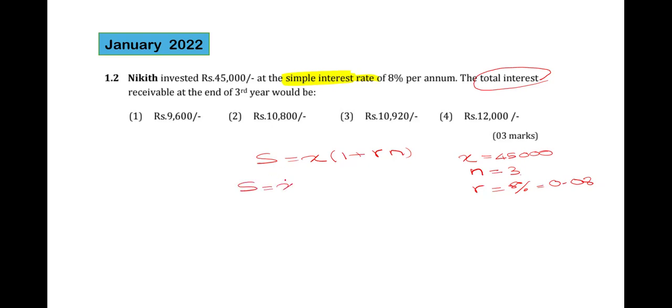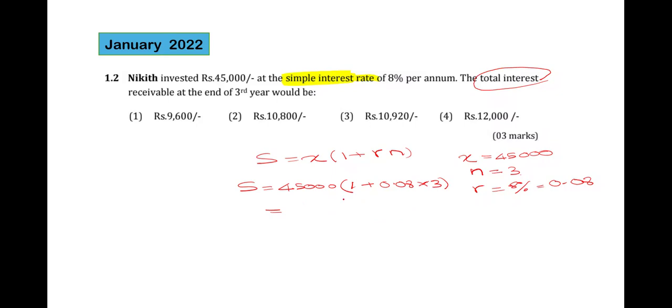Now we can apply this formula. So, X equals 45,000. Put the bracket: 1 plus R, 0.08, times N, which is 3. Now, without any simplification, you can get the answer directly from your calculator.